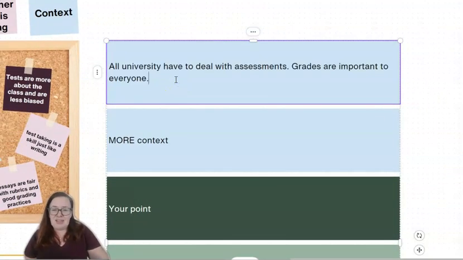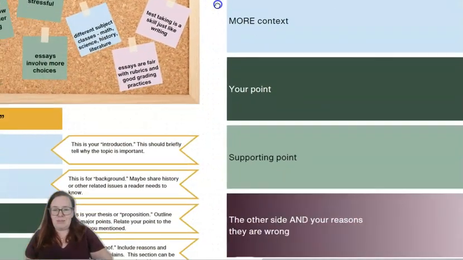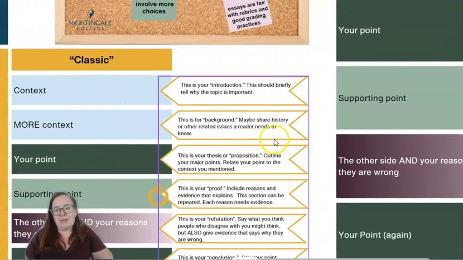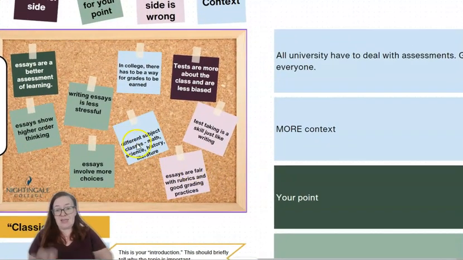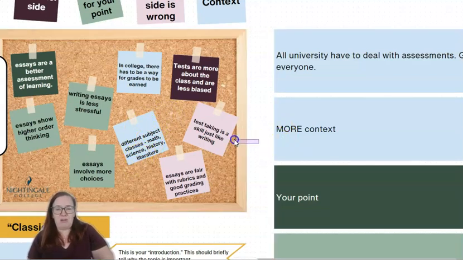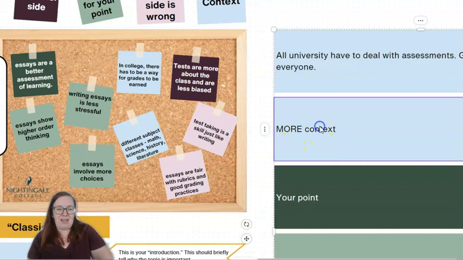Then in this one, I need to include some more background. Maybe I'll show history or related issues that the reader has to know. I've got this idea of different subject classes. Okay, so I want to include information about that.